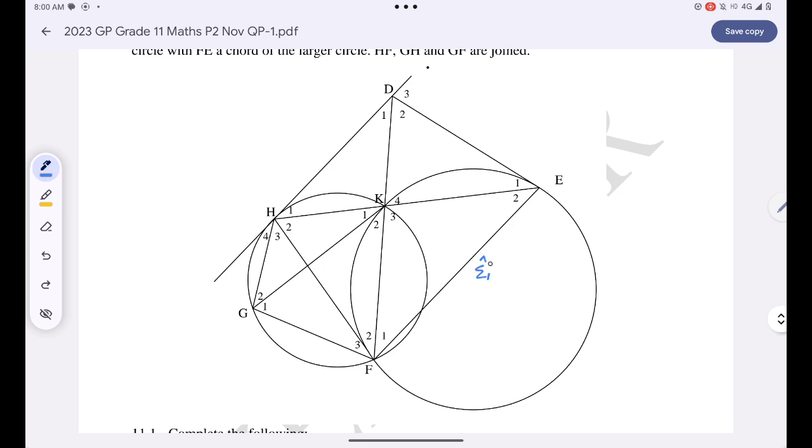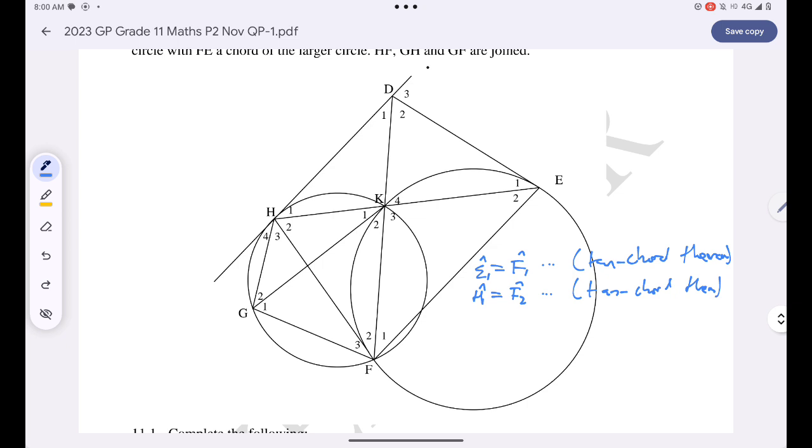Angle E1 is equal to angle F1. Are we together? This is tan chord theorem. And I know that angle H1 is also equal to angle F2. Same reason, tan chord theorem.